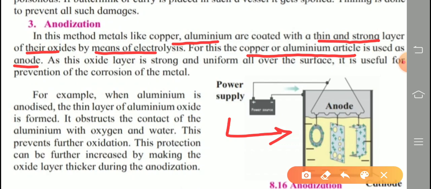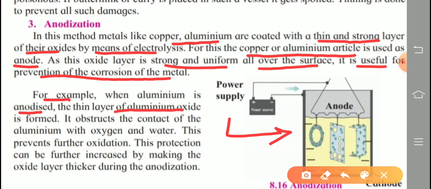As this oxide layer is strong and uniform all over the surface, it is useful for prevention of corrosion of the metal. For example, when aluminium is anodized, in our kitchen or in the market, in the shop, we are familiar with the anodized pressure cooker, anodized pan, etc. When aluminium is anodized, a thin layer of aluminium oxide is formed on the article.